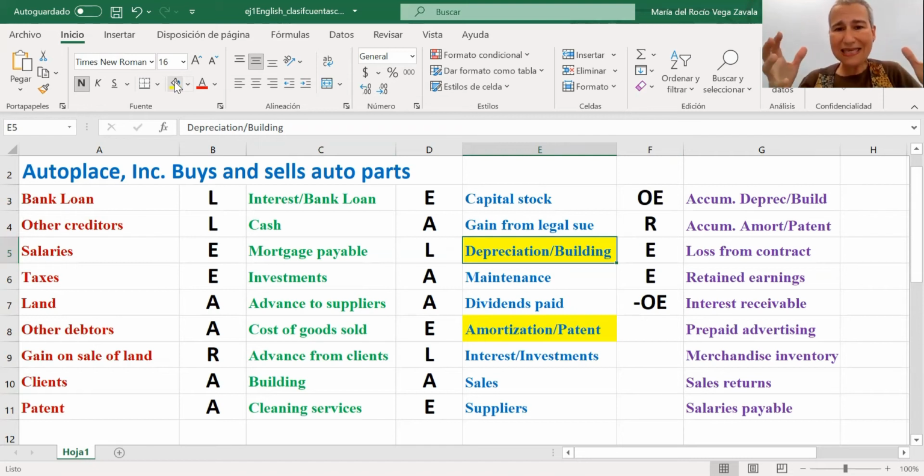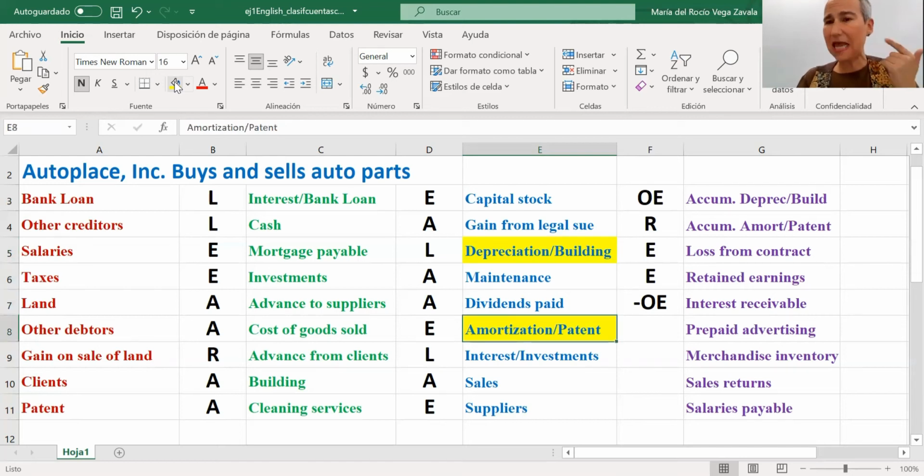So when assets get used, if those are fixed assets, the ones that have a tangible nature, they could be touched and felt, like the building, machinery, computers, when those get used, that expense, that part that is used, is called depreciation.